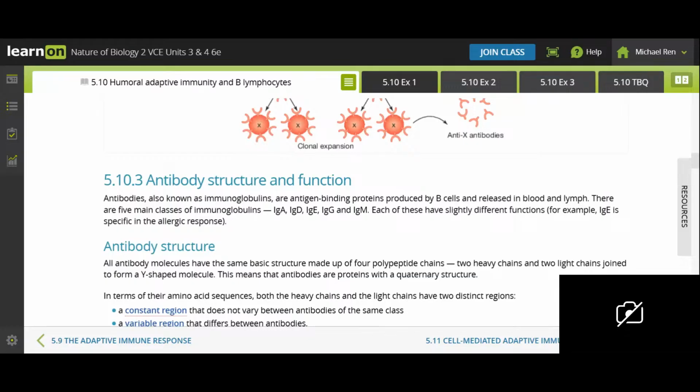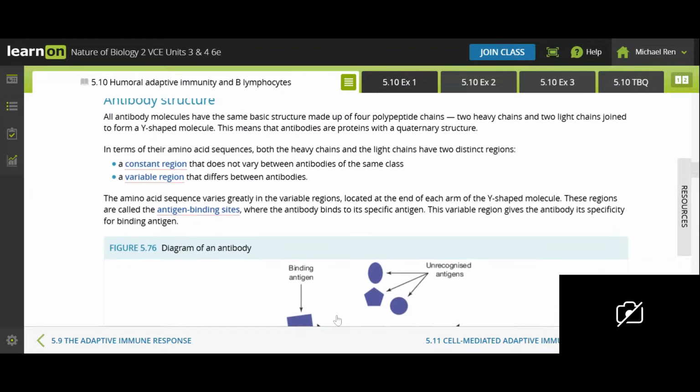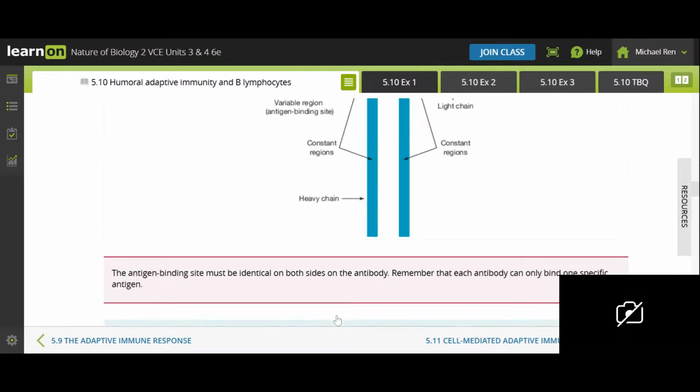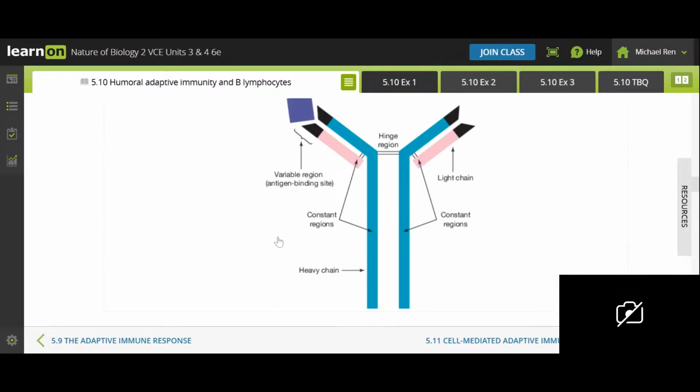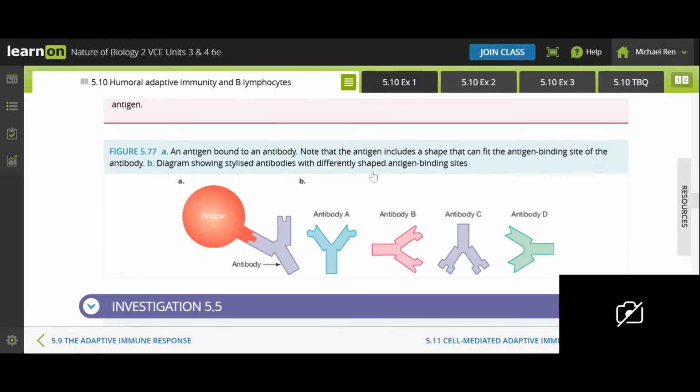An antibody consists of a constant region, which stays constant for all antibodies, and a variable region, which changes depending on the pathogen. The variable region is also the antigen binding site. There are also disulfide bonds holding the antibody together.